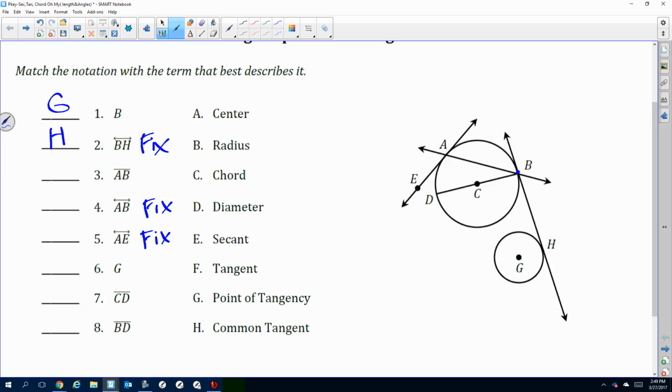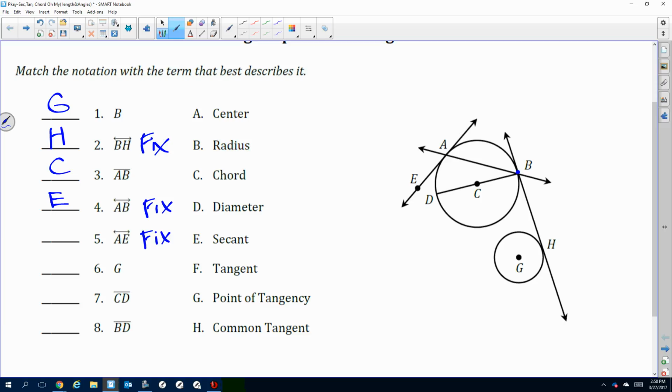AB, the segment AB is what? Yeah, it's a chord, so that would be C. Now it says the line AB. Secant. Secant. You need to know these by heart because we're going to go into the special segments relationship. And if you can't identify it, you're not going to be able to apply the correct rule.